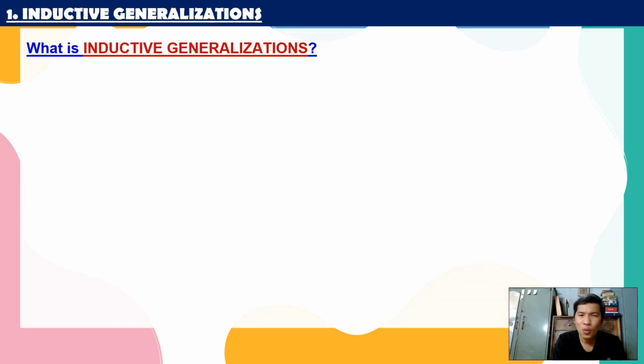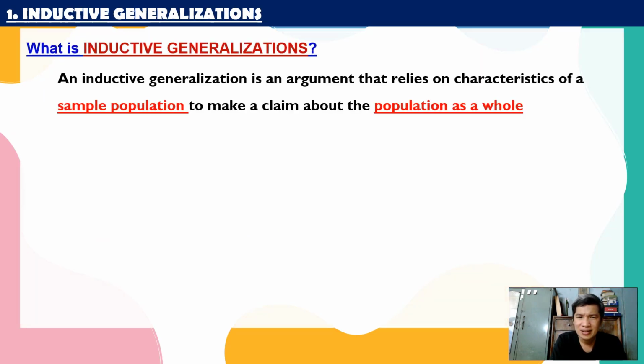Okay. What is it first? It's a kind of argument that relies on some features of a sample population, and from the sample population we make a claim, a conclusion, on the population as a whole. See whether your conclusion, your claim, is reliable or not.